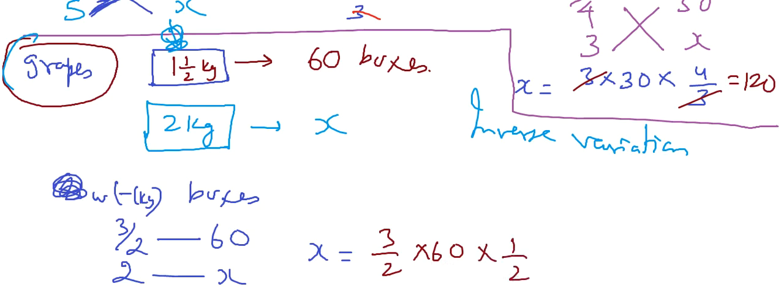Both mean the same and will give the same result. So simplify, what do you get? You can combine 2 into 2, 4. If you divide 60 by 4, you get 15. So 3 into 15, 45. That means there will be 45 boxes.